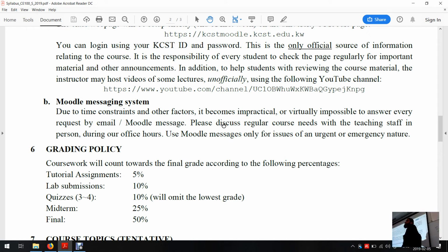So please, it is almost impossible to answer emails. It is very difficult even to read emails if we get them from everyone. So please, use email only for emergencies, in which case use the Moodle messages. Moodle messages go to another folder in my case, so I will read them later on, only if it is urgent, okay?